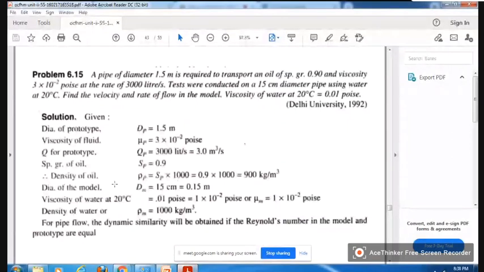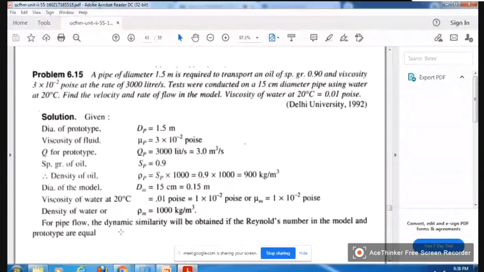Now the diameter of the model is 0.15 meter, 15 centimeter. And viscosity of water at 20 degrees centigrade is 1 into 10 to the power of minus 2 poise. And we know the density of water is 1000 kg per meter cube.